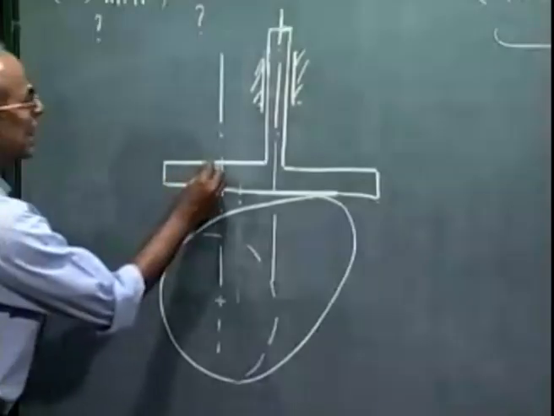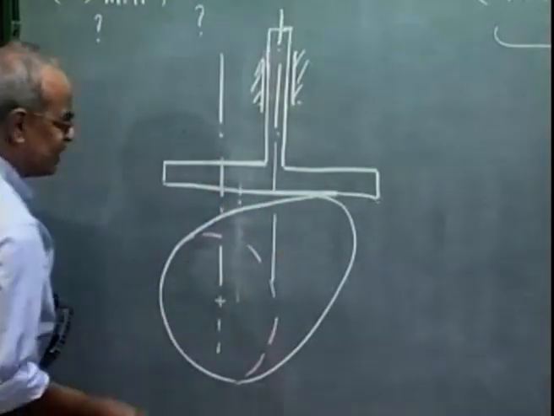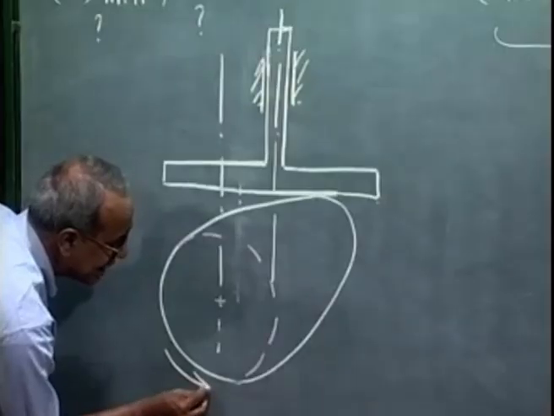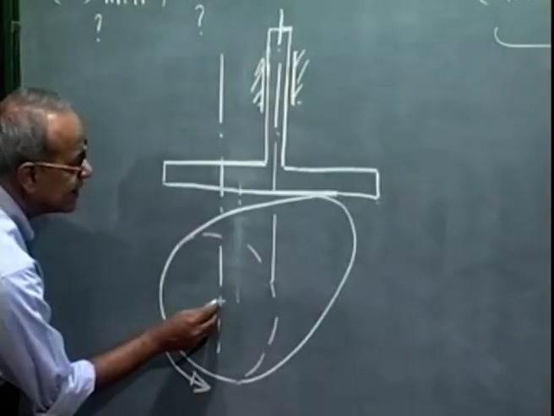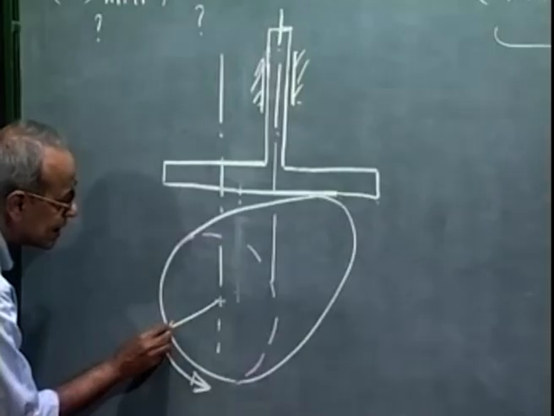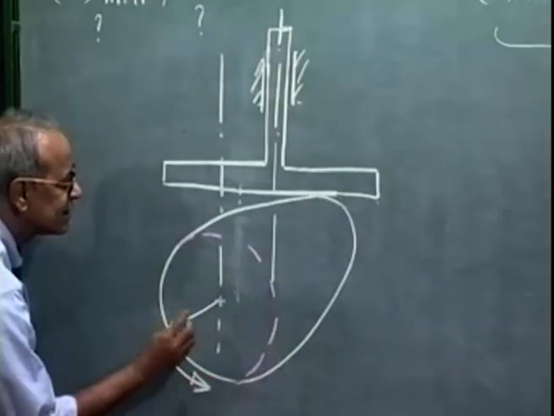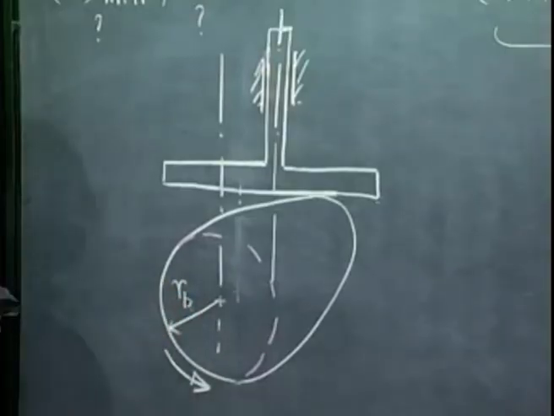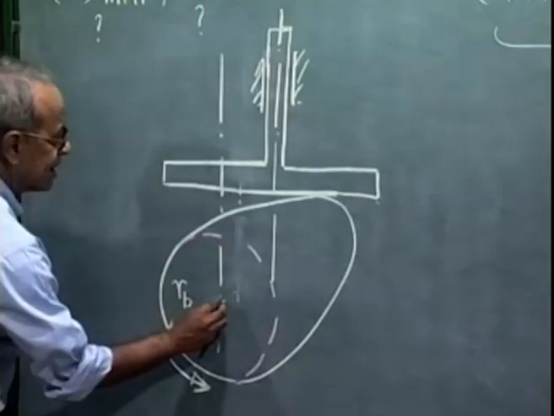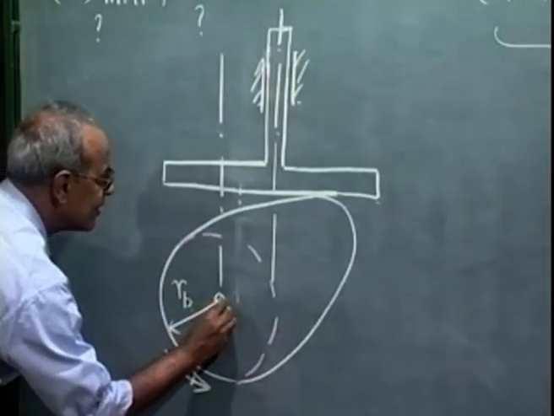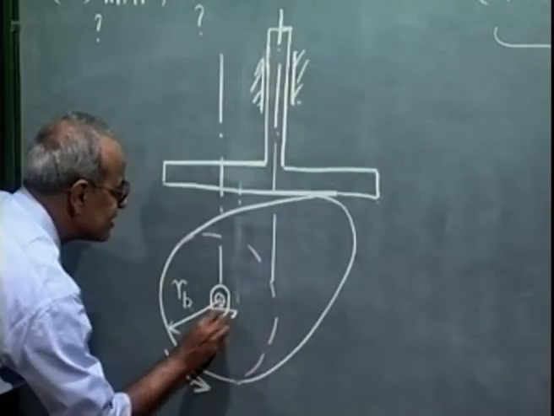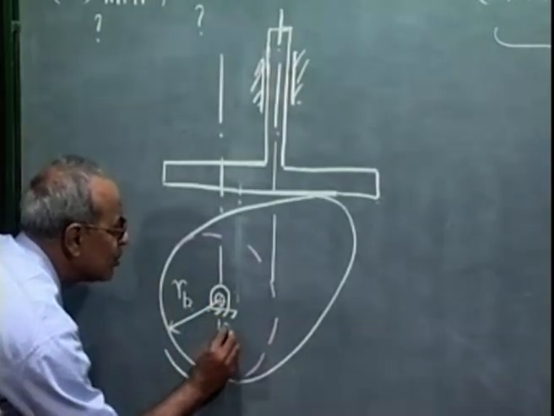As we said that this is a flat face follower, this is a cam which is rotating in the counterclockwise direction, this circle is the base circle and this is the base circle radius. The cam center is here. The camshaft axis, let me call it O2.